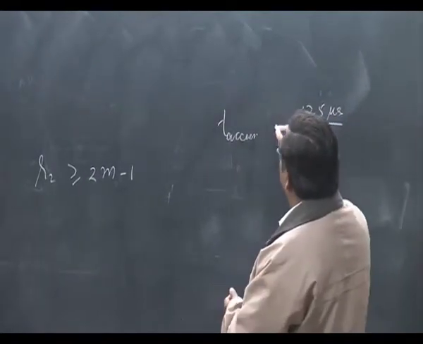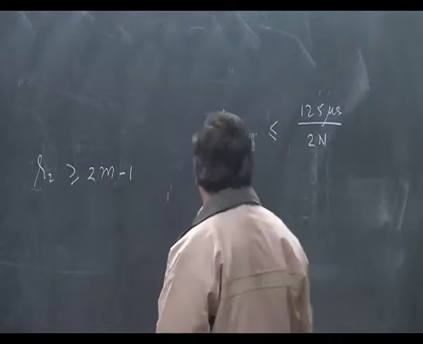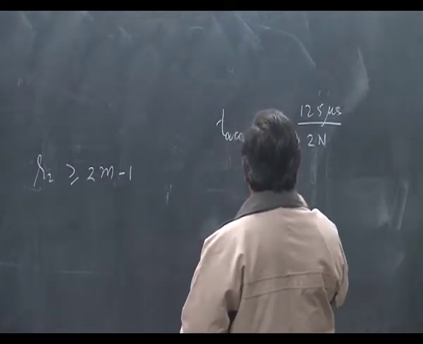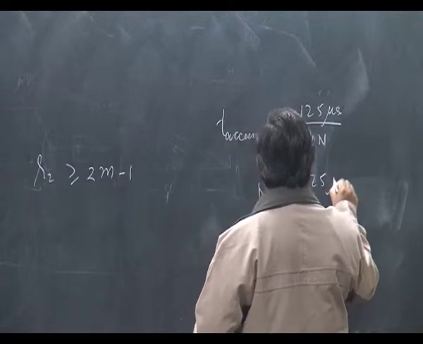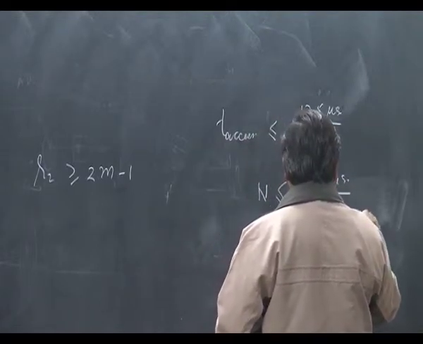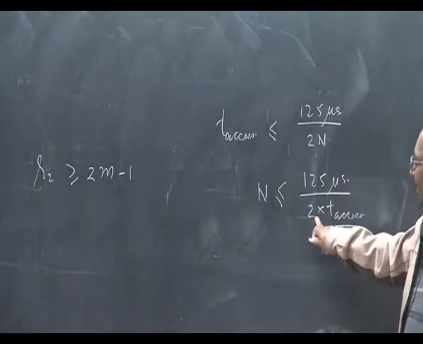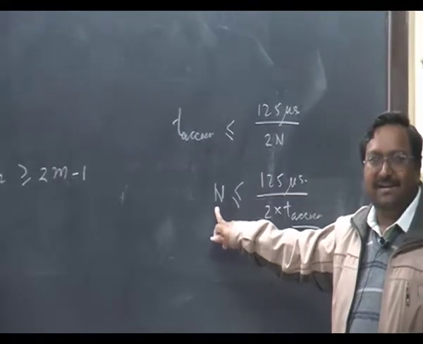So, this has to be always greater than or equal to t access, which actually implies your n has to be less than or equal to 125 microseconds divided by 2 into t access. So, you require very fast memories if you require a higher n.